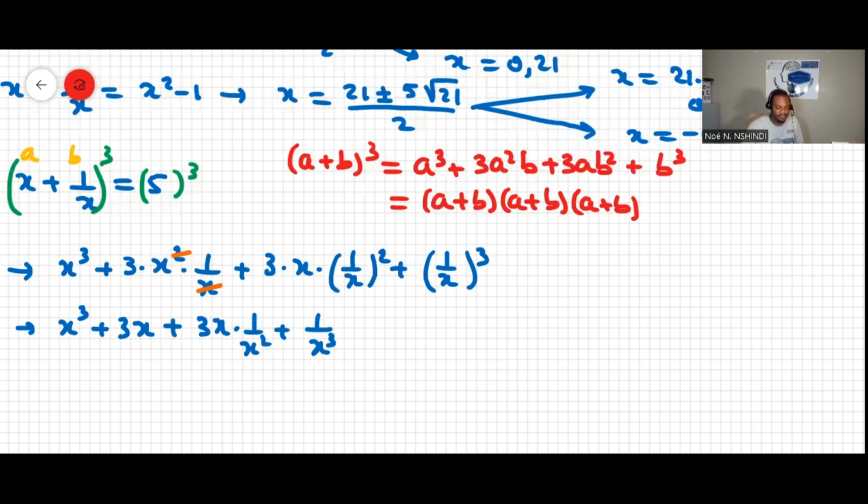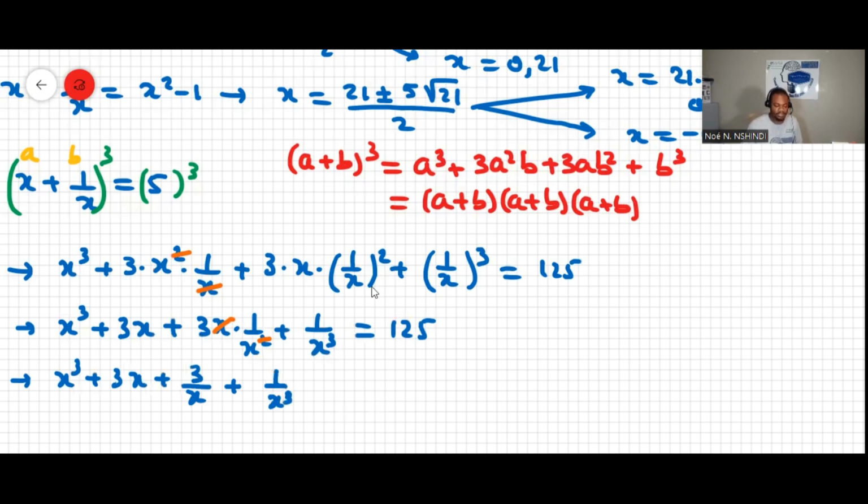So we can simplify that. On the right hand side, 5 cubed is 125. That makes x cubed plus 3x plus 3 over x plus 1 over x cubed.